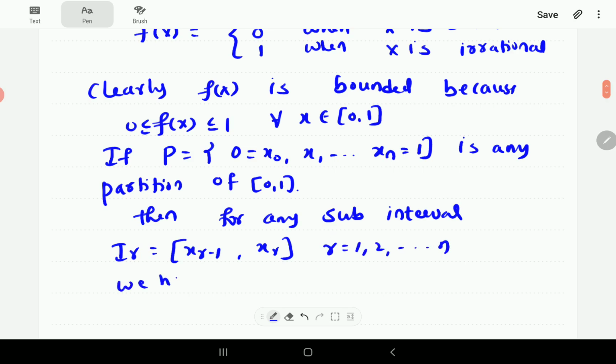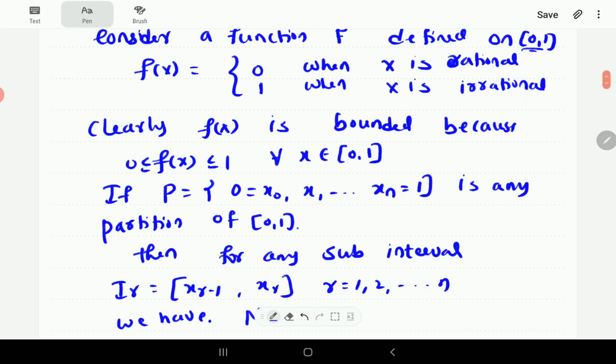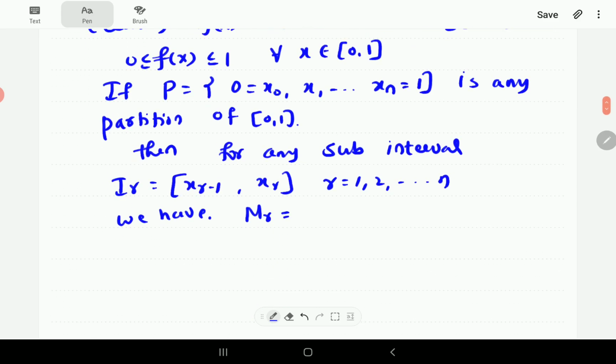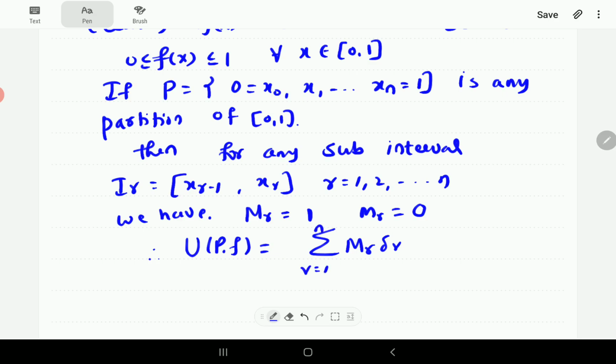We have, since our function f of x is 0 if x is rational and it is 1 if x is irrational, capital Mr is equal to 1 and small mr is 0. Therefore the upper Darboux sum is equal to the summation of capital Mr delta r, where r is running from 1 to n.